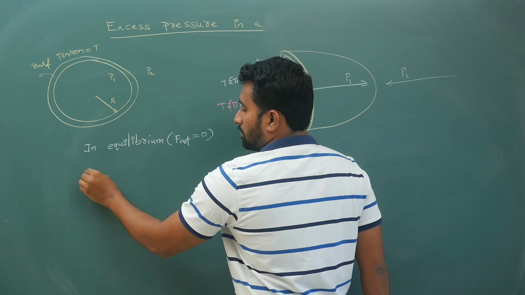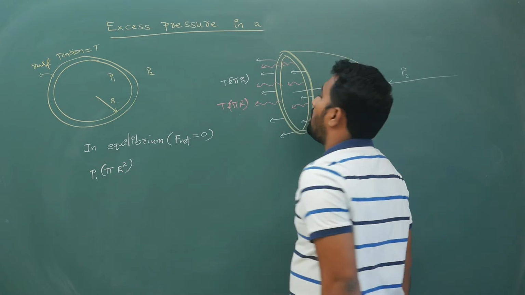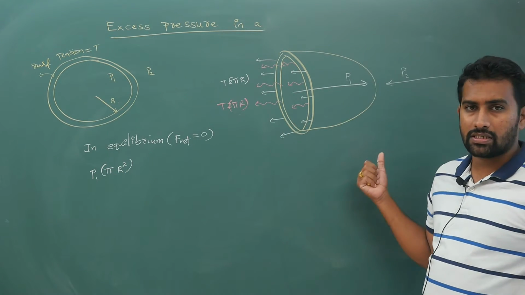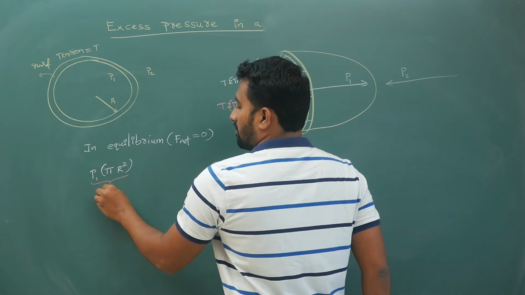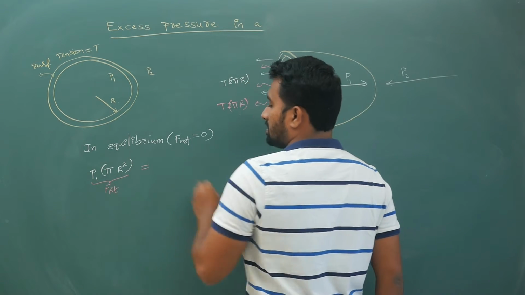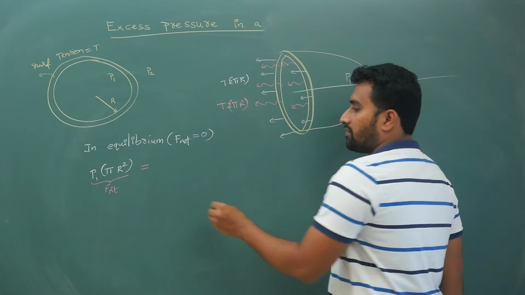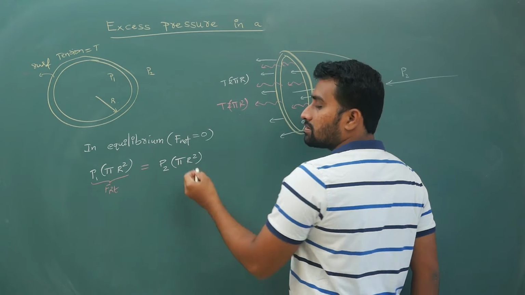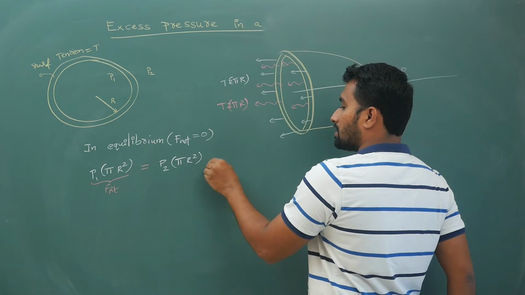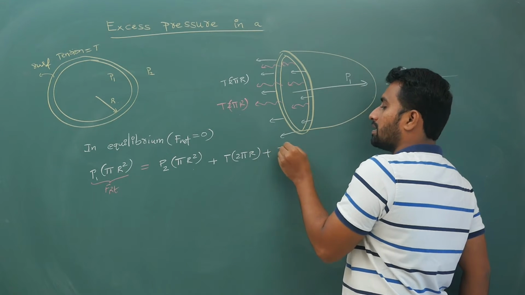P1 times pi r square is the force towards right. That is equal to the force towards left, which is P2 times pi r square, because of outside pressure, plus T times 2 pi r plus T times 2 pi r.